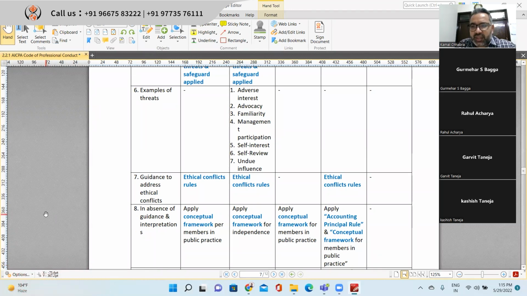Okay. So that is called self-review threat, that you will not be in a position to do the self-review of work which you have done for the client. For example, let's say you have done an industry analysis, and on that basis you asked the company to create a provision, let's say a warranty provision, right?